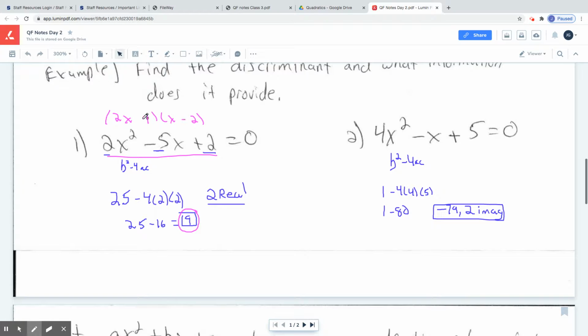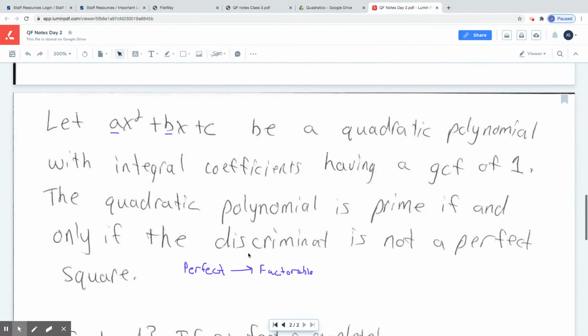And if I put a negative and a negative, 2x times 2 is 4x, and x there, that gives me my 5x. 2 times 2, 1 times 2. If I FOIL this out, I get this, all right? In fact, it is factorable. So the discriminant will let us know whether something is factorable or not, all right? And that's based off of being a perfect square.